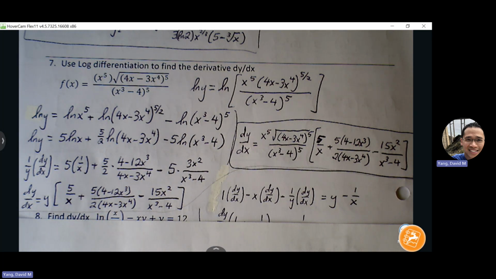Okay, let me show number 7. So we're able to break that right side up into 3 individual problems. Then once we break them down into individual problems, we can bring all the exponents down in front.